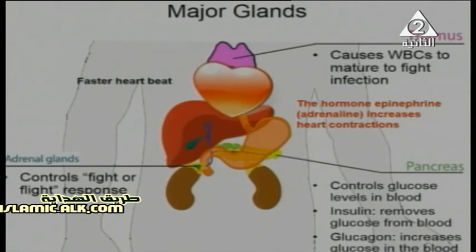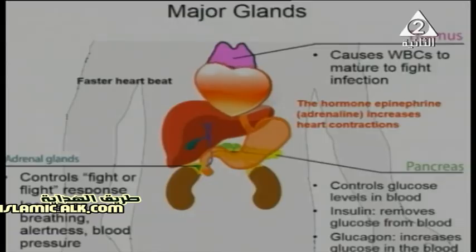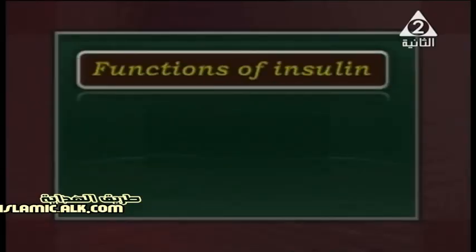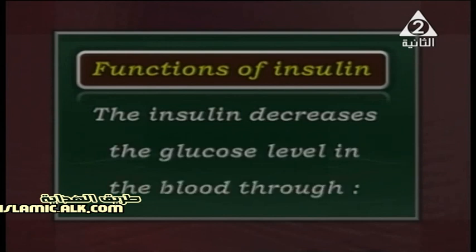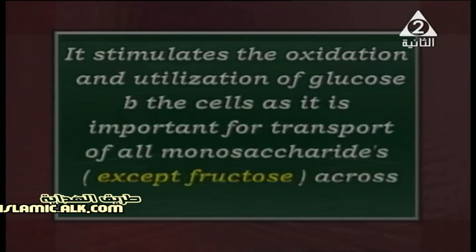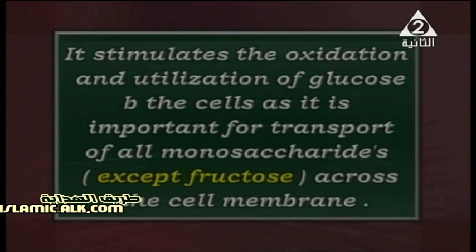From the symptoms of diabetes, a disturbance in the metabolism of the carbohydrates. So the functions of insulin, as we said, it decreases the glucose level in the blood. Through what? It stimulates the oxidation of the glucose, and an important function is that it transports most of the monosaccharides except fructose across the cell membrane.